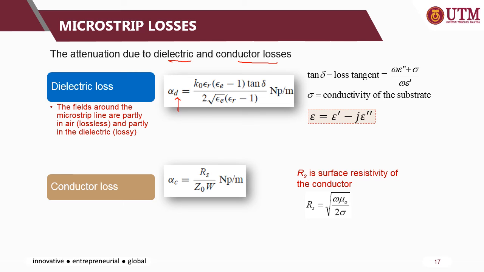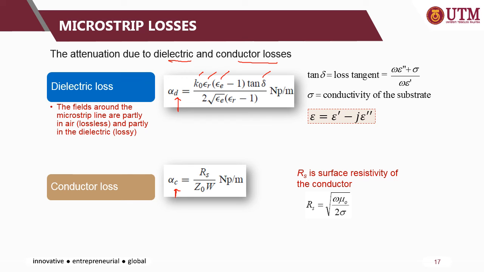D for dielectric, you can estimate the losses by using this equation. So you have the wave number, relative permittivity, effective permittivity or dielectric constant, and the loss tangent.